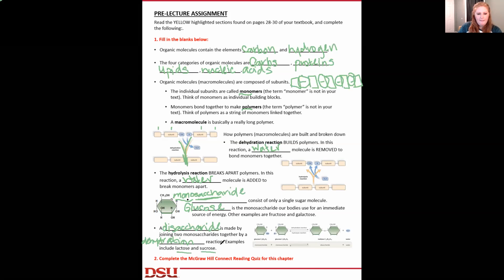I'm going to pull up my whiteboard here for just a second. Okay, so when it comes to a monosaccharide, some examples are glucose, galactose, maltose, okay.